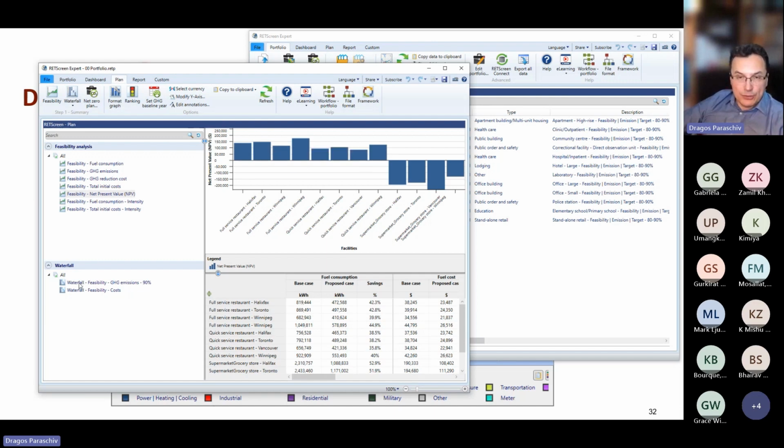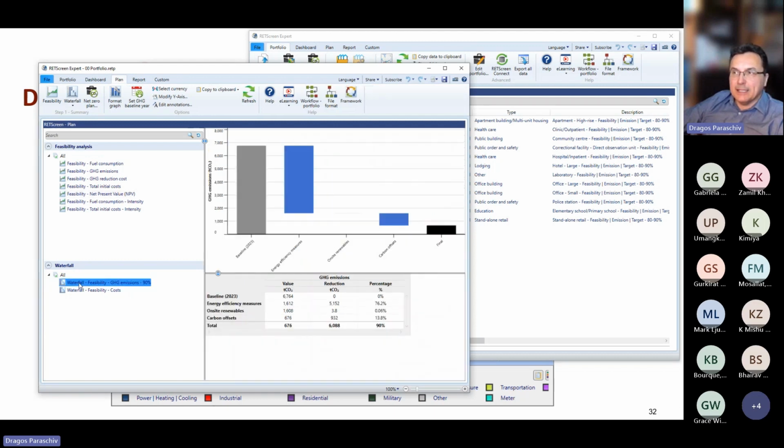But what is more important is that based on the measures identified in this building, as we build our emission reduction plan, we already identified a number of measures that result in a significant reduction of CO2 emissions. This is coming from the energy efficiency measures identified in these archetypes.